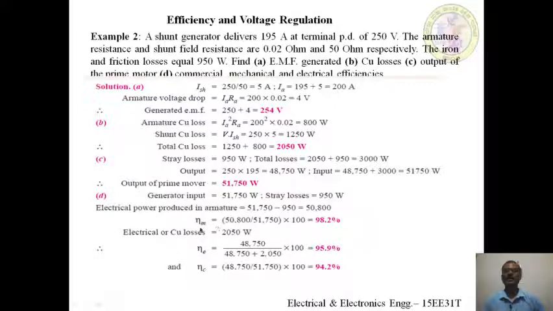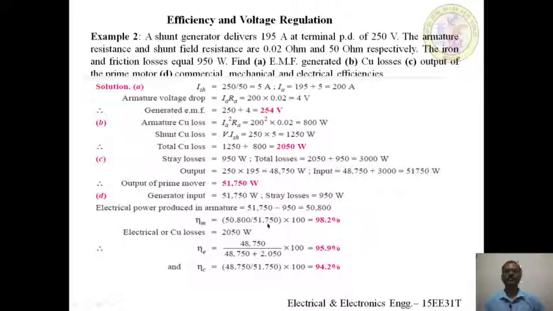Based on that, we can calculate mechanical efficiency, electrical efficiency, and commercial efficiency. Mechanical efficiency is B by A, the power developed in the armature divided by the input to the generator.